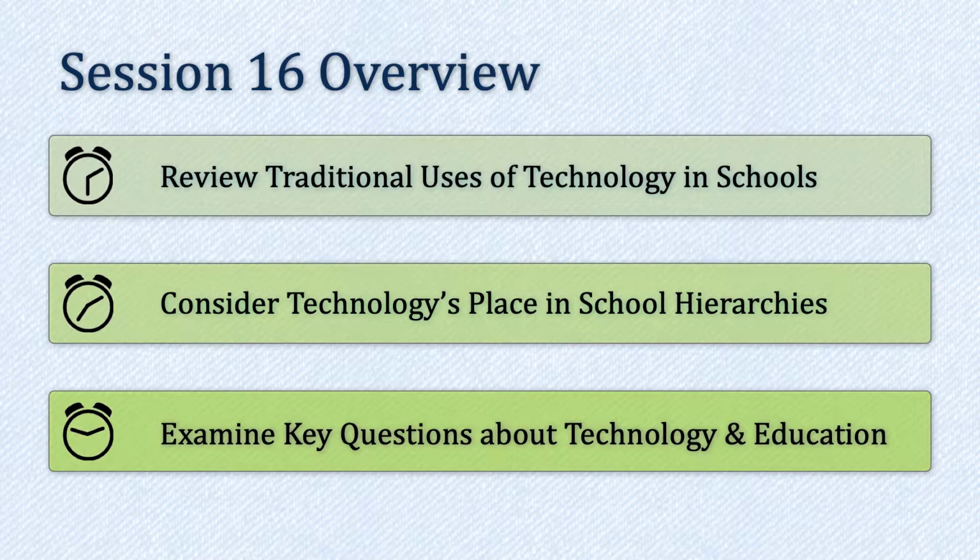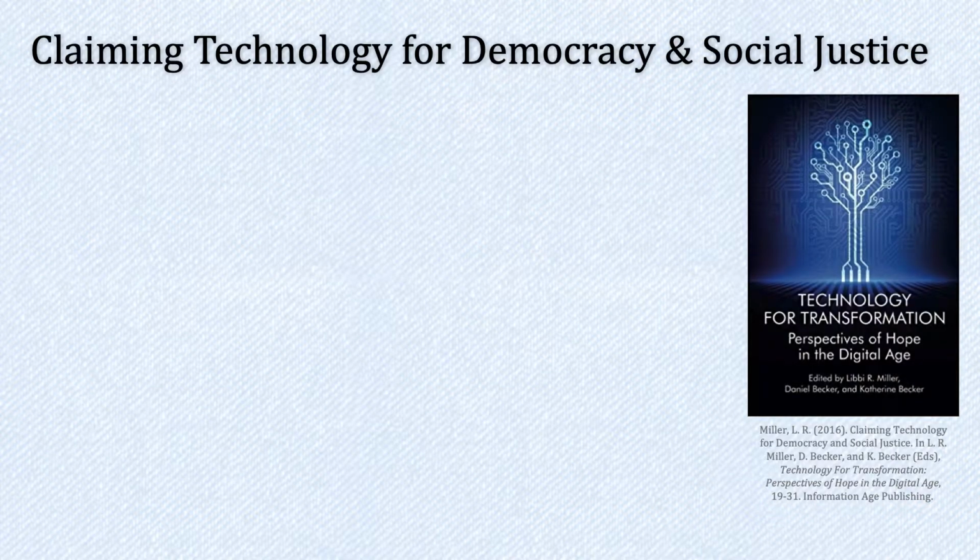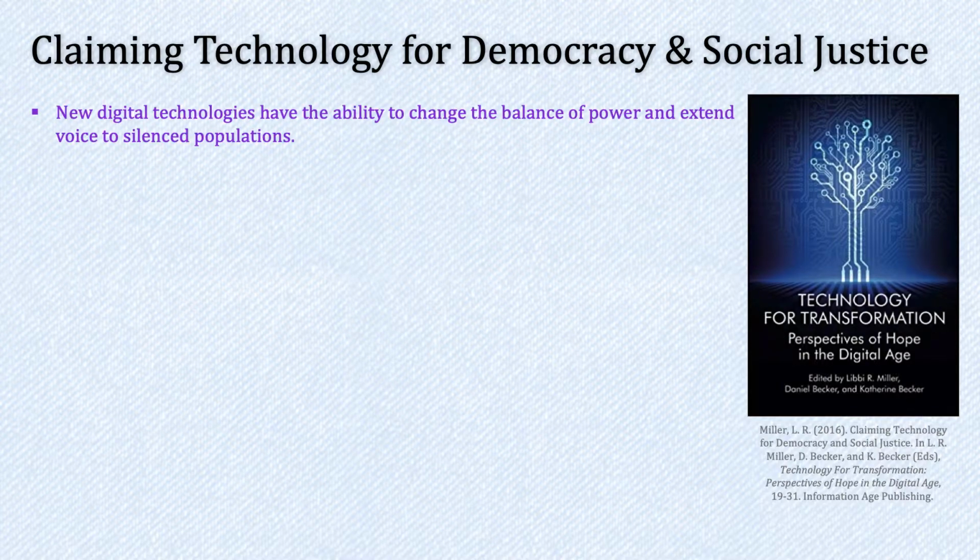So let's get started. This past week, we read Libby Miller's book, Technology for Transformation: Perspectives of Hope in the Digital Age. In this book, she argues that new digital technologies have the ability to change the balance of power and extend voice to silenced populations.